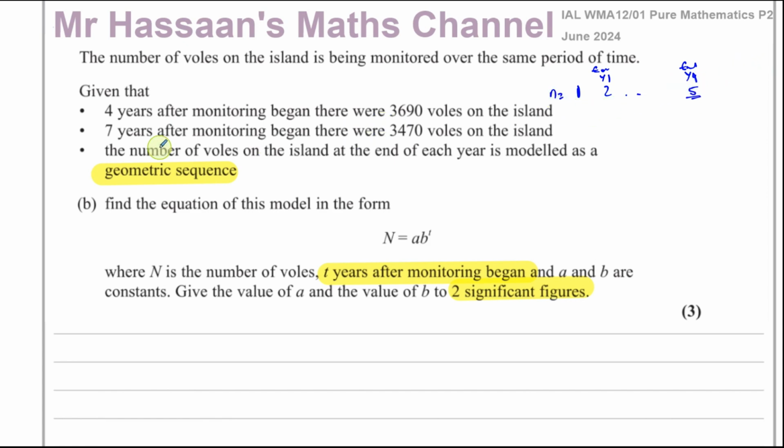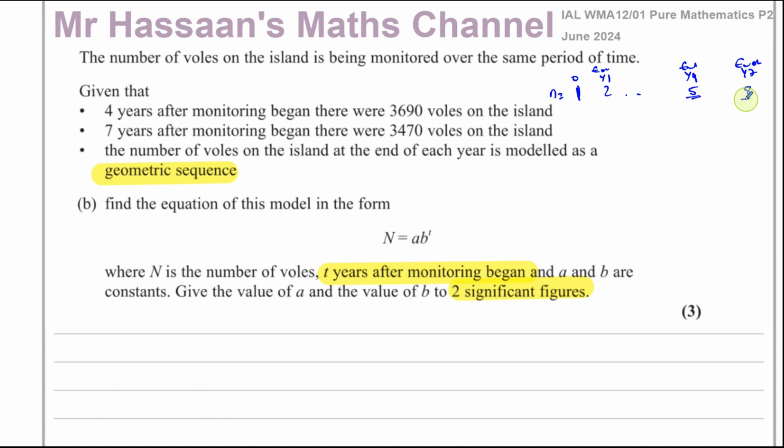And if we want to find 7 years after monitoring began, okay, so the end of year 7, that's going to be the 8th term, because the first term is the beginning. That's when you can say n equals 1. That's like year 0, you could say. It's the end of year 1, end of year 2, and so on. So here we've got to be careful.